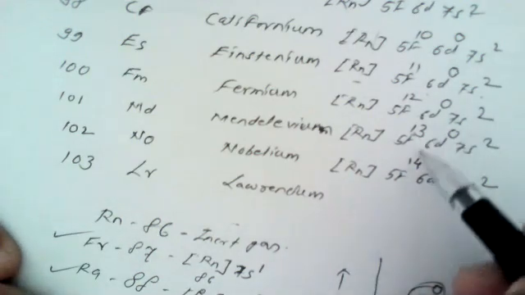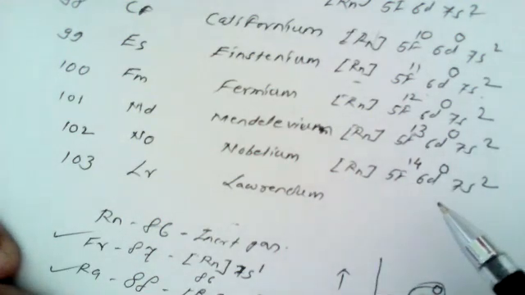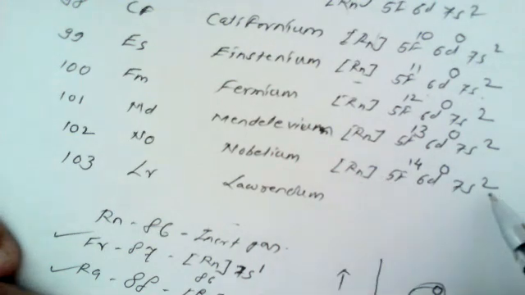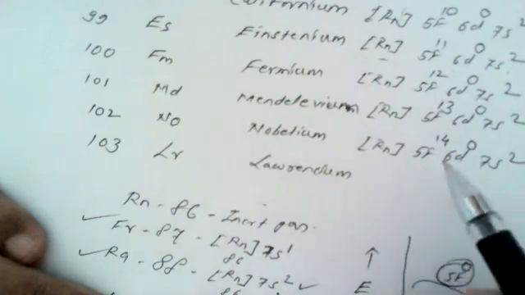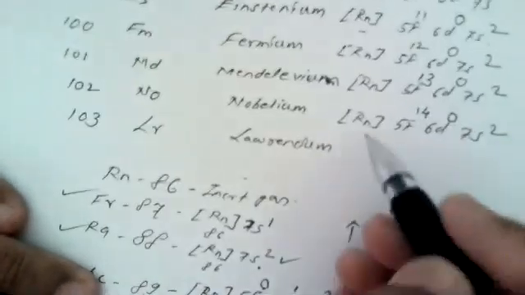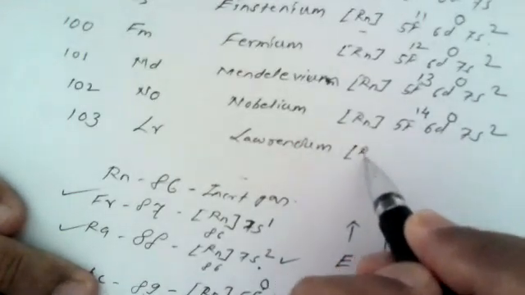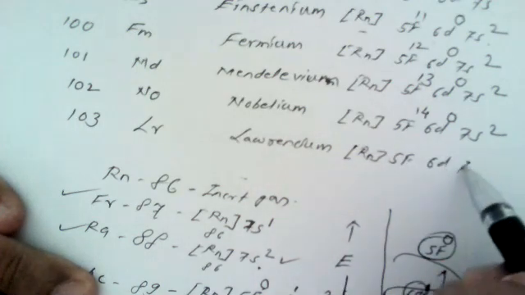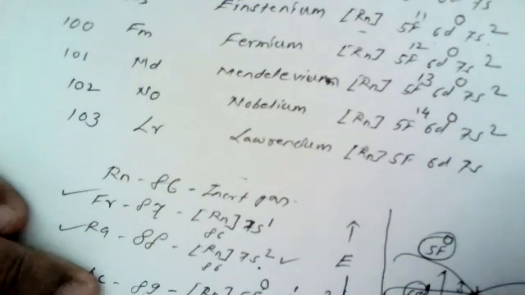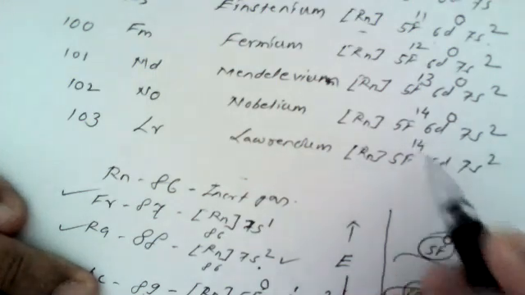That is, as per this sequence, you have to write 5f14. So 86 plus 2 is 88, plus 14 is 102. That is nobelium, and it is very easy. I think you can write directly this electronic configuration like this: 7s2, 5f14. Now just see again.